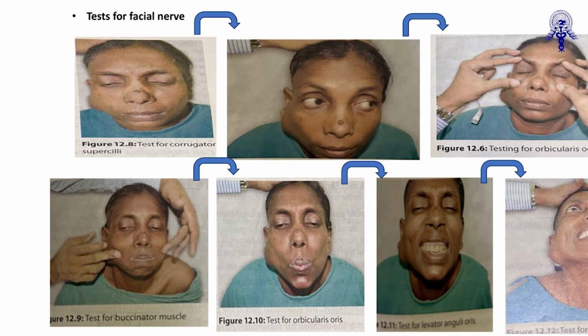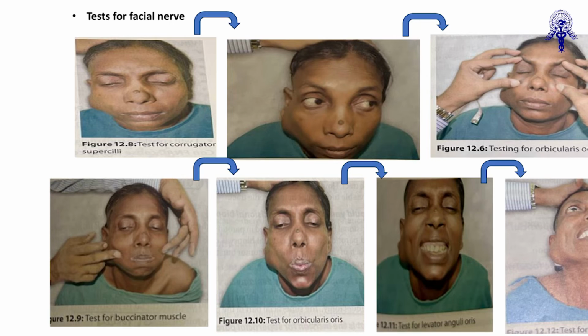Frontalis, how will you examine the frontalis? By telling the patient to frown his or her brows. Okay. Then to close the patient's eyes and you will try to open them. If it is not opened, then it's normal. Then buccinator, you will tell the patient to puff, yes. And you will press both cheeks. If air is not coming out, again it's normal.